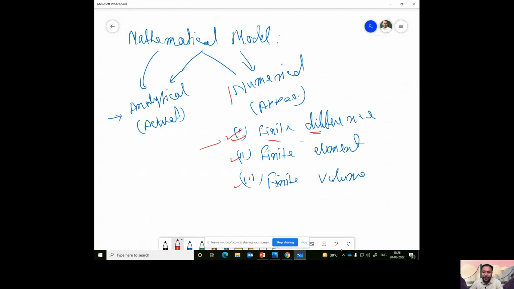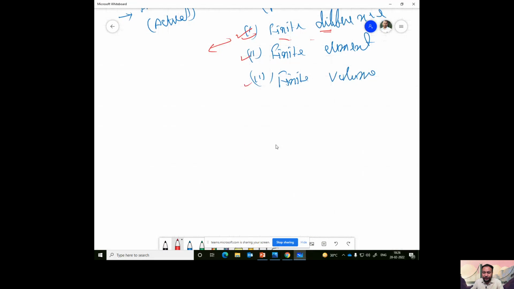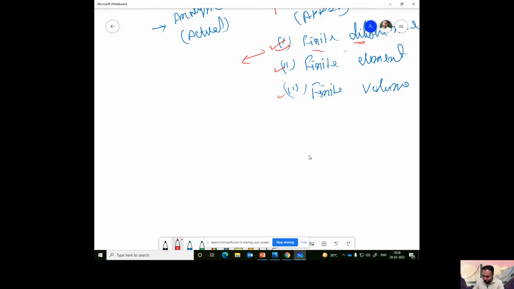Now, what is the finite difference method? What is the role of the finite difference method, which is very important for all of us? What will it do? It is very simple.